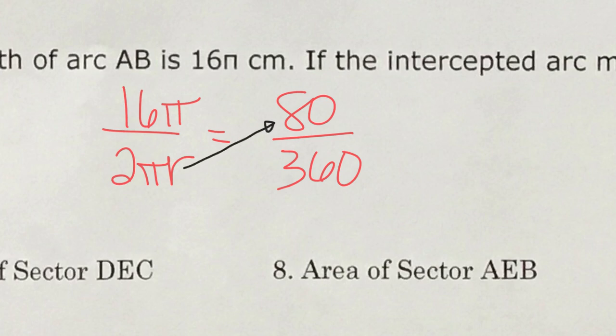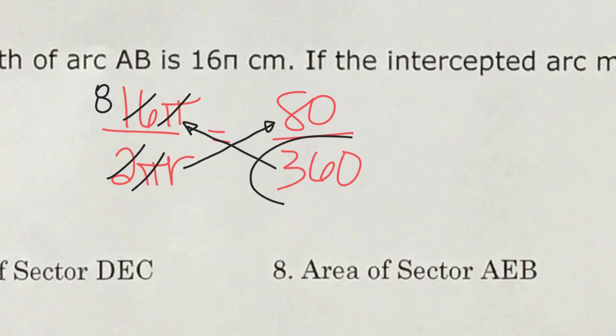2 pi r times 80, 360 times 16. In fact, let's just do some simplifying. 16 divided by 2 is 8, so we have an 8 in the numerator. Pi over pi, well, that's just 1. So basically, it's 360 times 8. A much smaller, probably easier number to deal with.